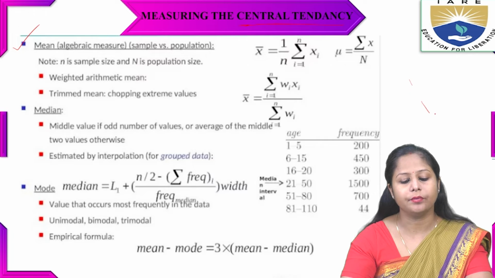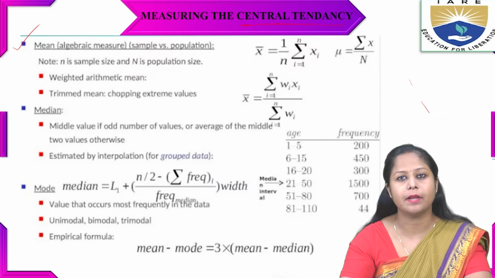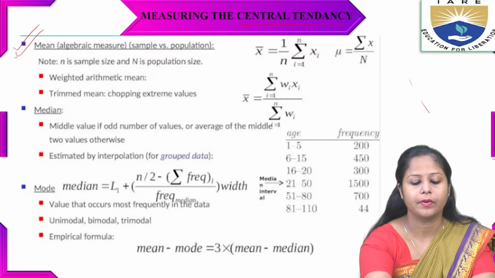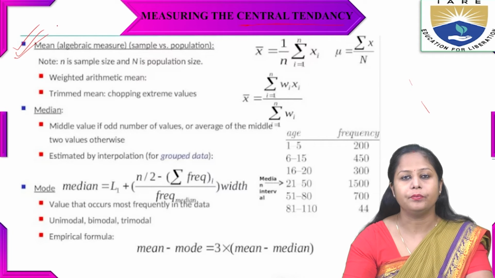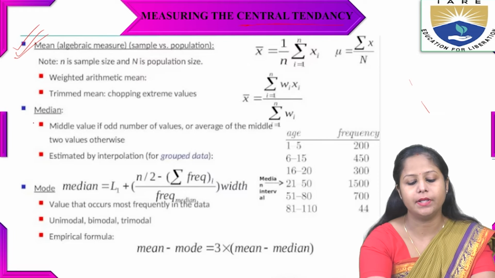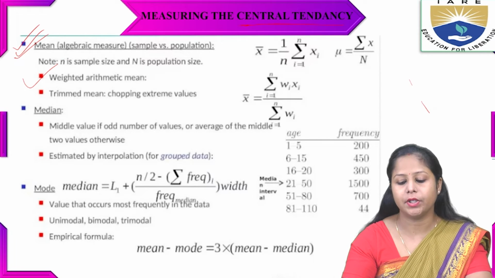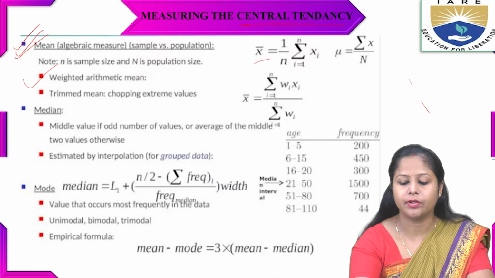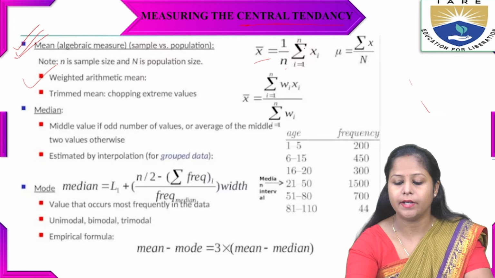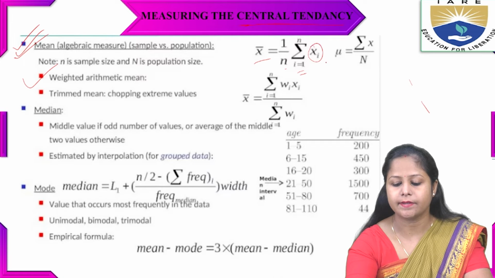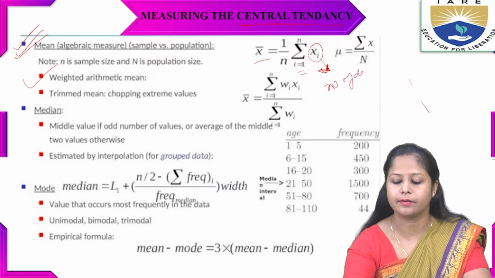When we have algebraic samples, we use the mean. There are also examples like the weighted arithmetic mean. We calculate it as x bar equals 1 upon n, sigma i equals 1 to n of xi. What is xi? xi is the number of data sets.